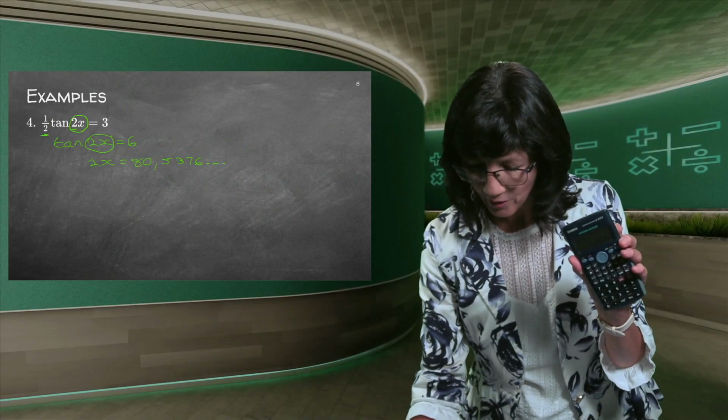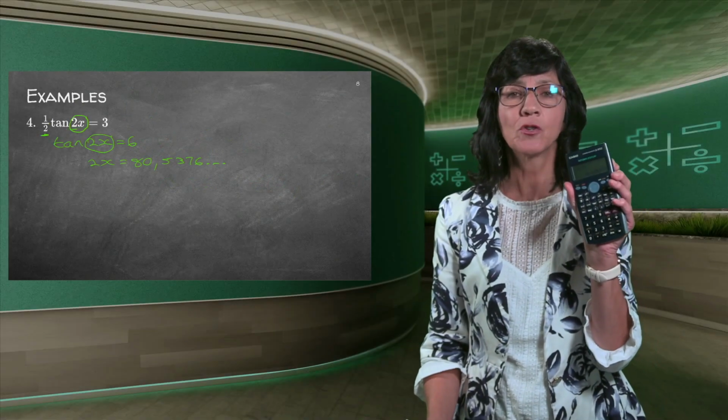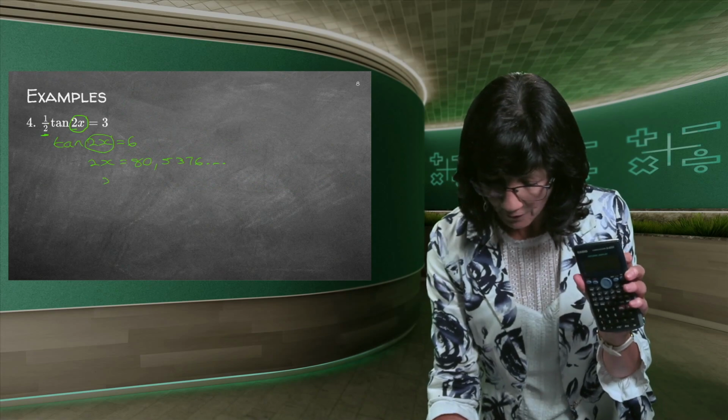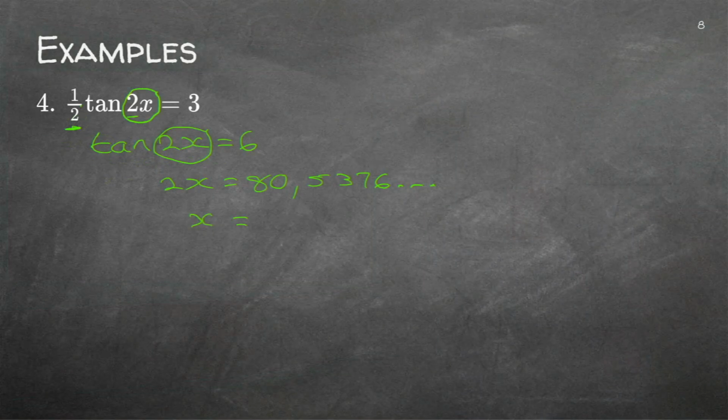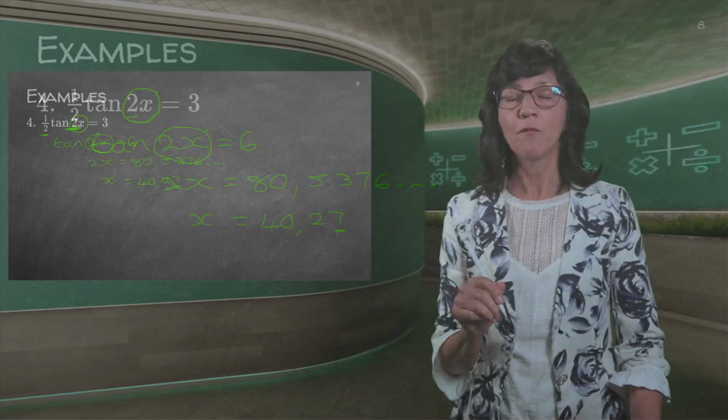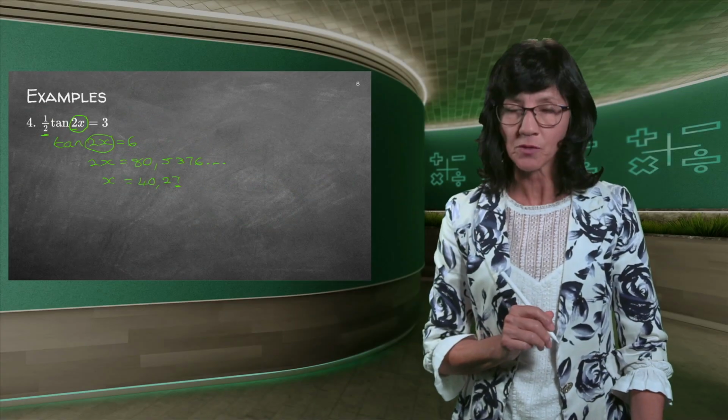You can make dots there, or you can just leave it like that, because now to get rid of the 2, you divide both sides by 2. So I prefer to take my whole long digit that I've got on my calculator and just say divide by 2, and that will equal 40.27. So I'm now very sure that my rounded off answer is as accurate as possible.